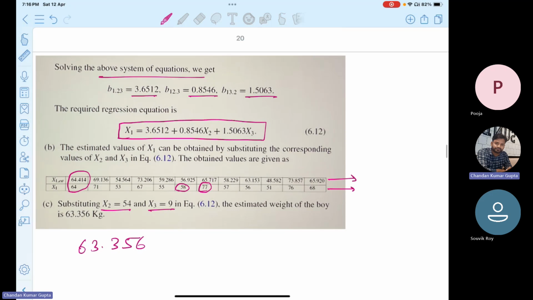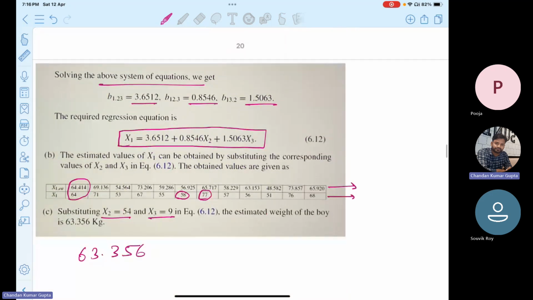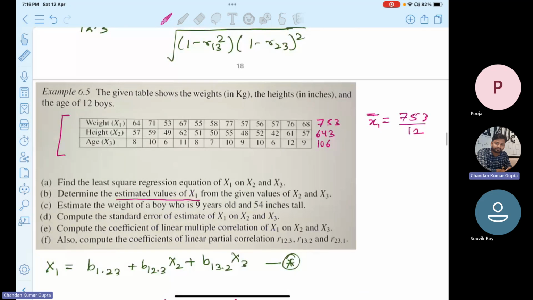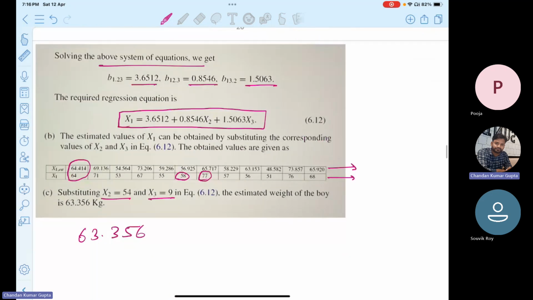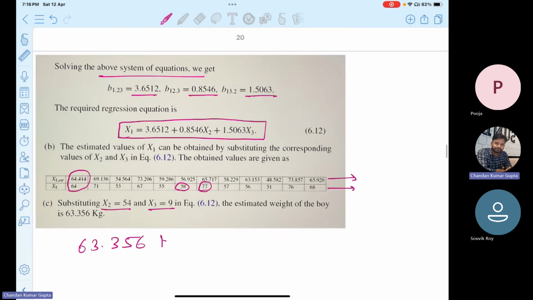63.356. So that means, the weight... let me check once. x2 is the height, and x3 is the age.